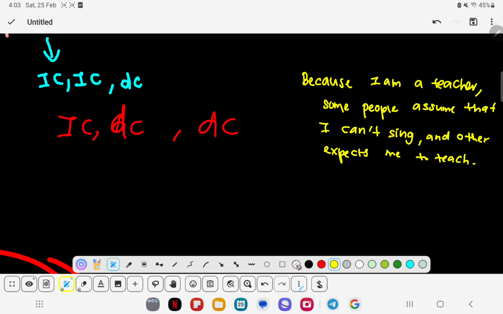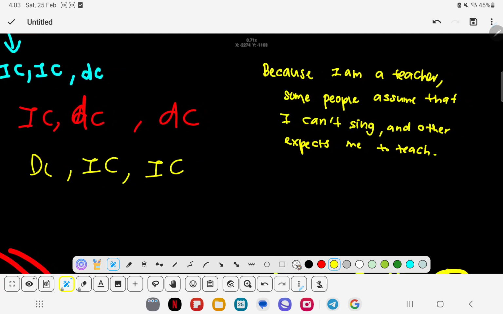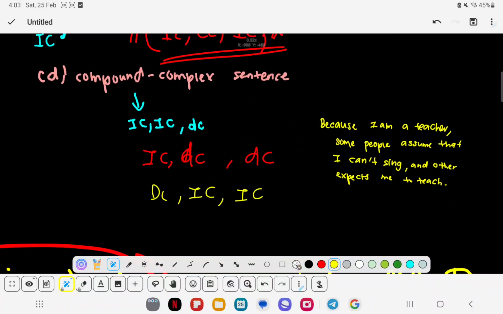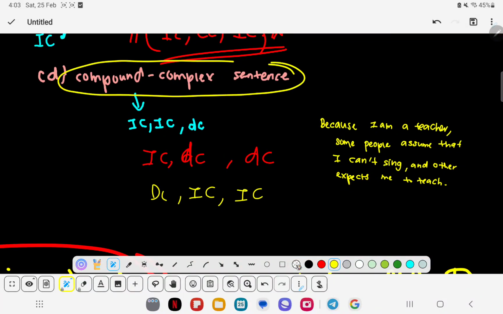As you can see, this is a sample of DC, IC, and IC. It can also be DC, IC, IC. Can you see here? Okay, so this is the compound complex sentence.